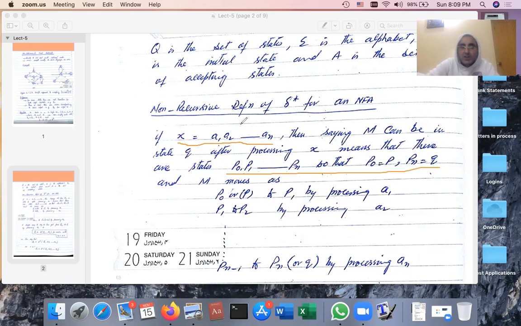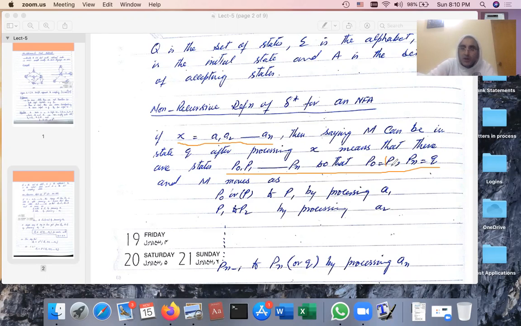In the previous discussion, when the string was x, after processing x we were reaching q. But suppose the alphabets would be from p0 to pn, and p0 is something, after processing p0 we are reaching state p.